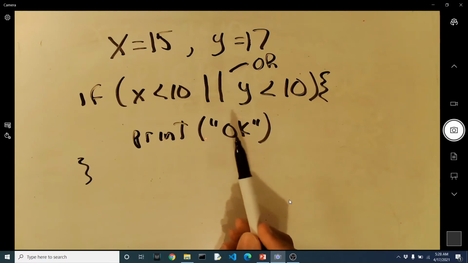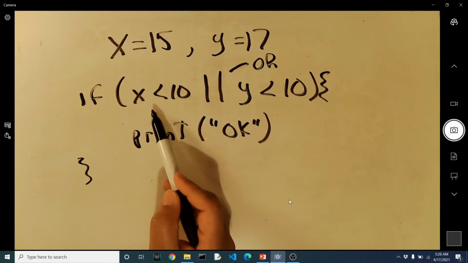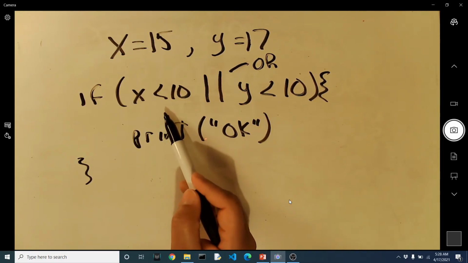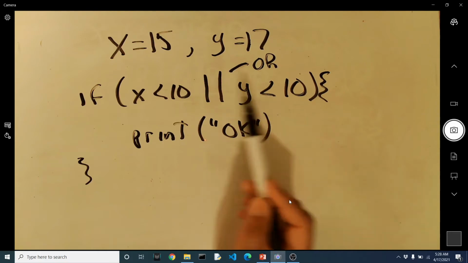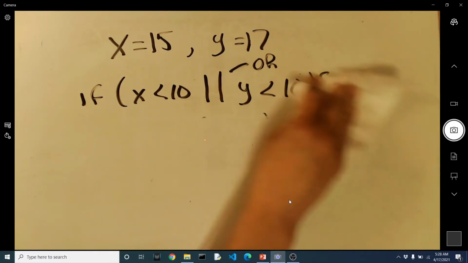Up until now, we were pretty much printing out everything, whether this condition evaluates to true and this condition evaluates to true, or this condition evaluates to true and not this one, and vice versa. Again, now let's go to our traditional review of logic using what's called the logic table. That's what I created in the AND example. So we're going to go back to our P's and Q's.